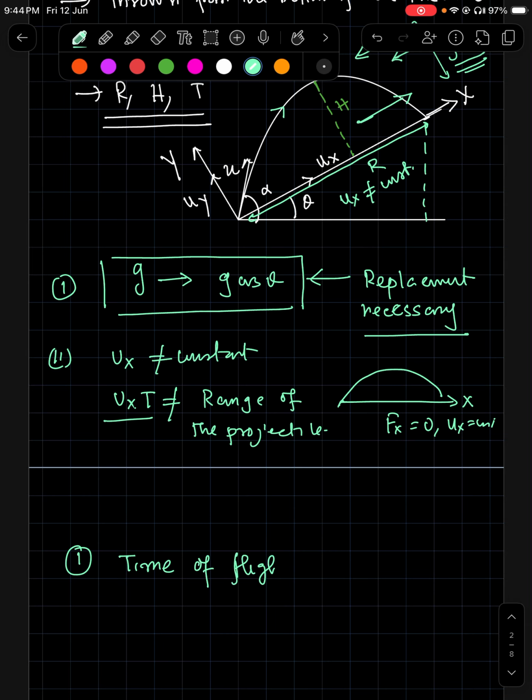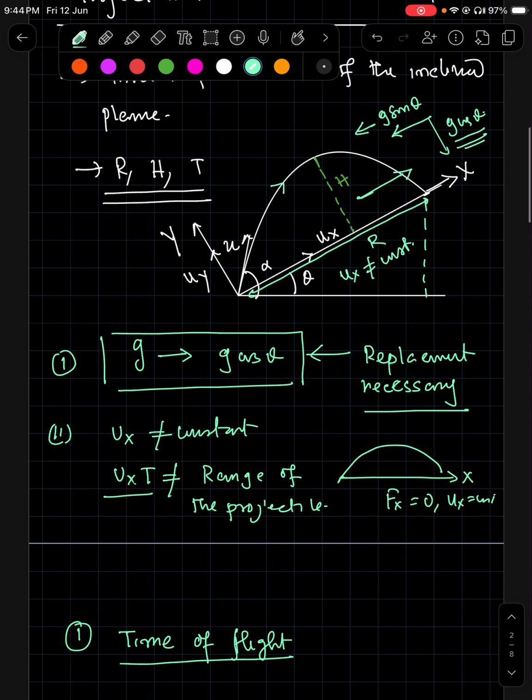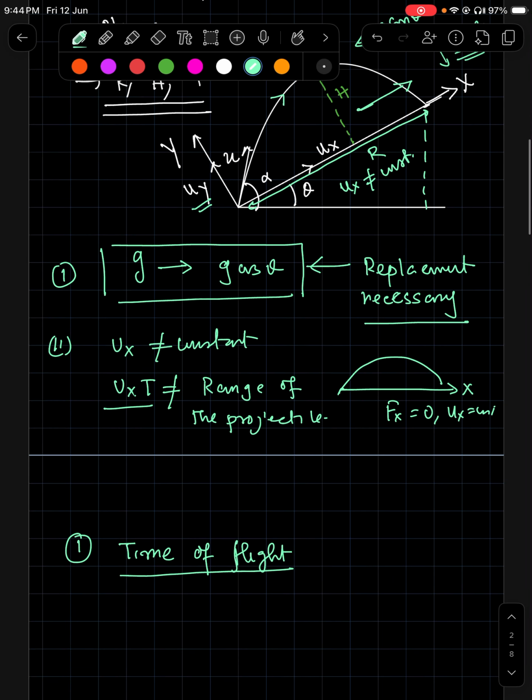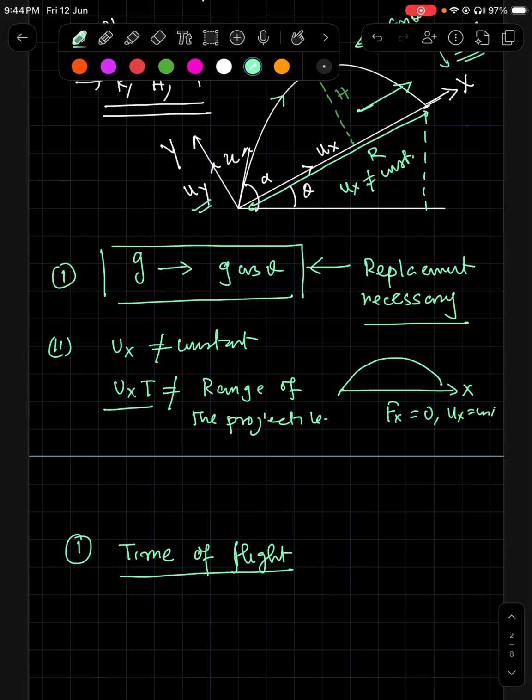Time of flight remains the same because the uy component becomes zero at the top of the trajectory, the maximum point of the trajectory. So the time of flight T can be written as 2uy.